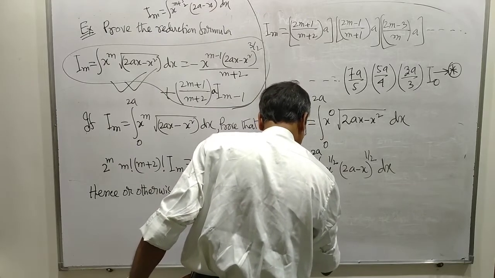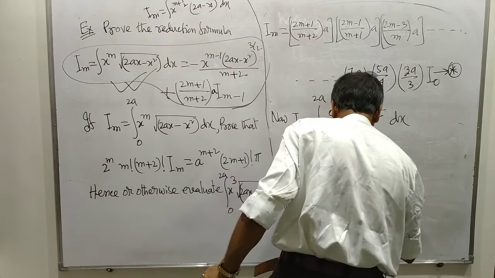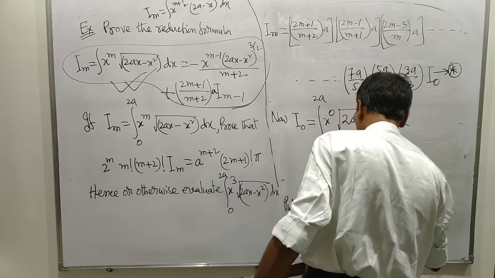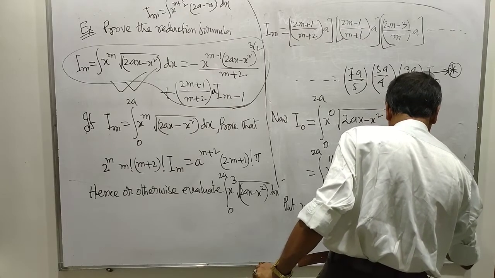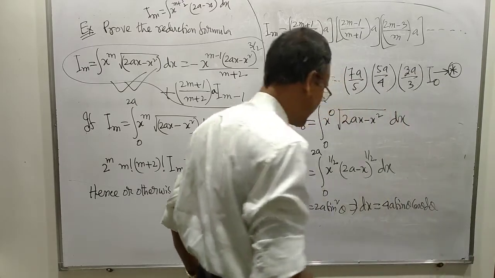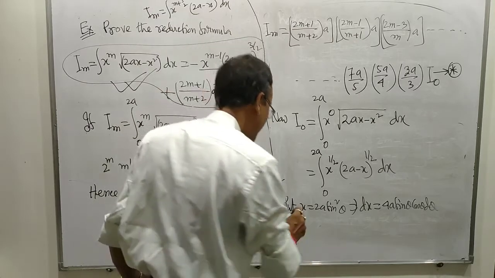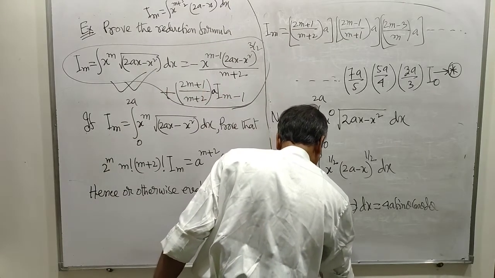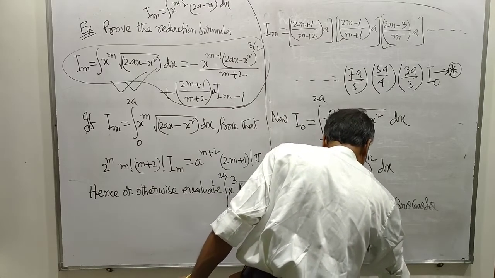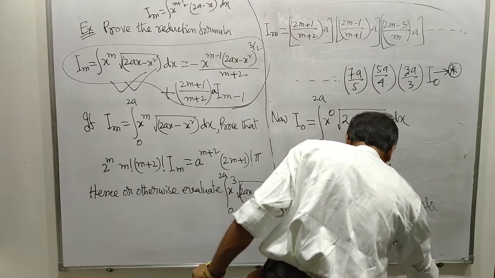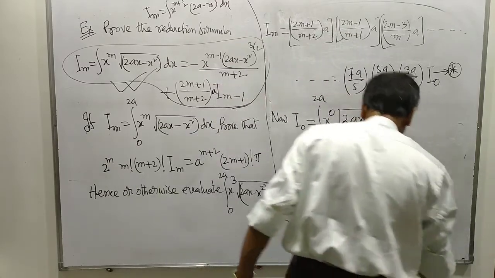Put x equal to twice a sine square theta. This means dx equal to 4a sin theta cos theta d theta. For x equal to 0, theta is equal to 0. For x equal to twice a, theta is equal to pi by 2.